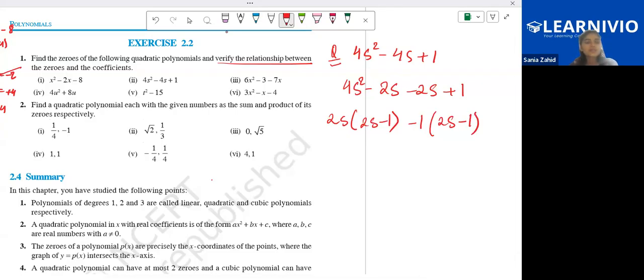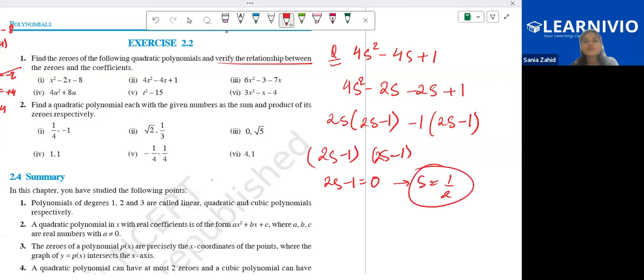Is this step clear? Okay. So you get 2s minus 1 and again 2s minus 1. So 2s minus 1 is equal to 0, so s is equal to plus 1 by 2. So your answer is 1 by 2. This is your zero.